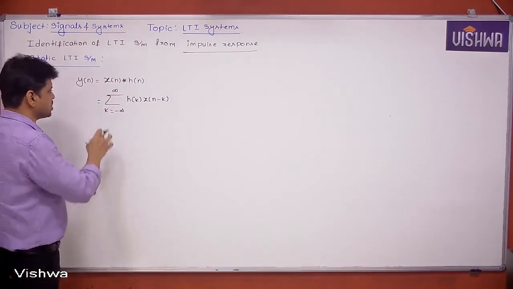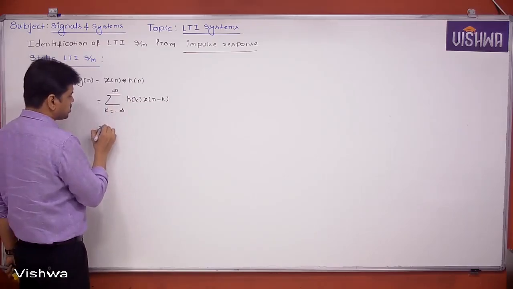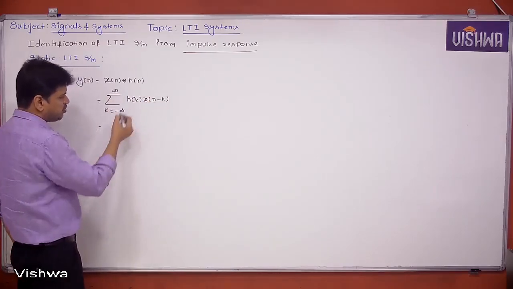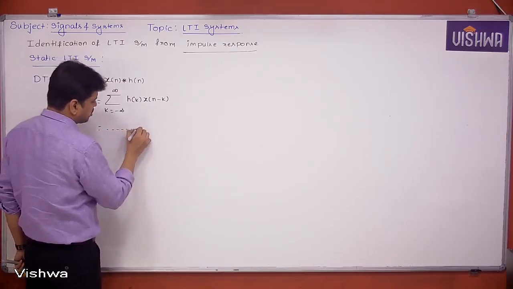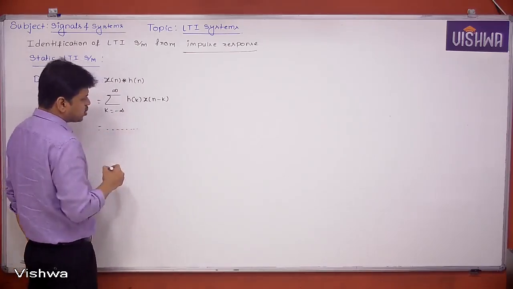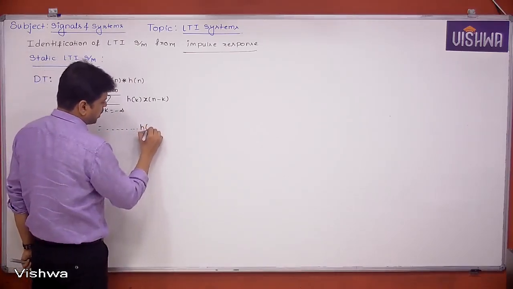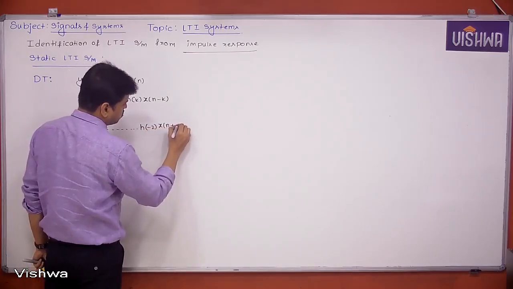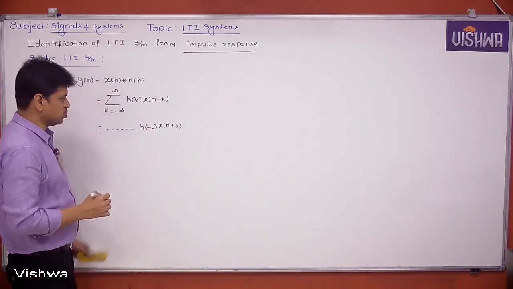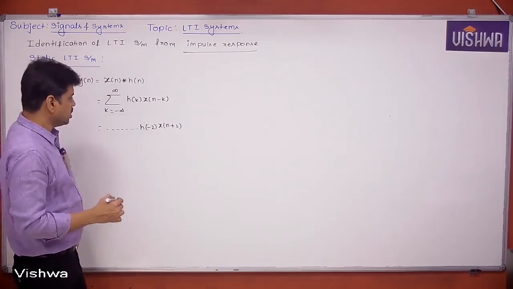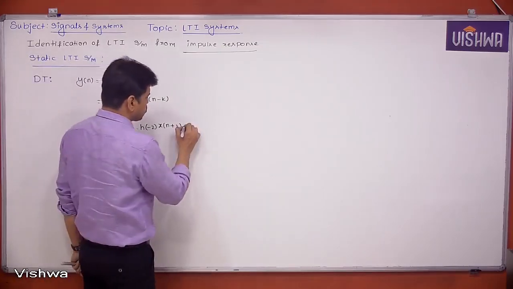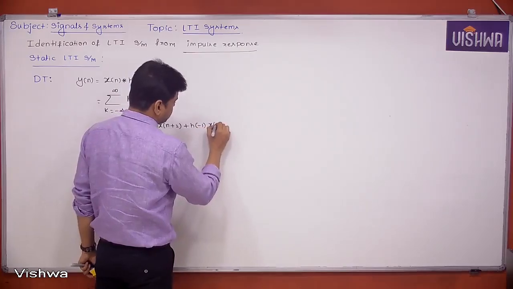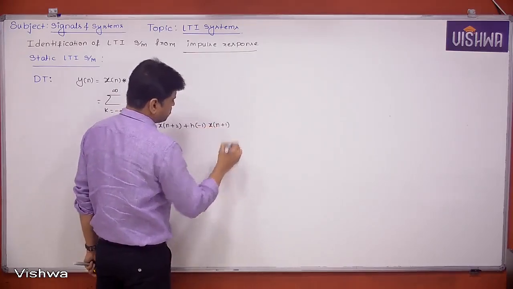Let's expand this summation. The k value is changing from minus infinity to plus infinity, and so on. If k is equal to minus 2, it is h of minus 2 x of n plus 2. If k is equal to minus 1, plus h of minus 1 x of n plus 1.